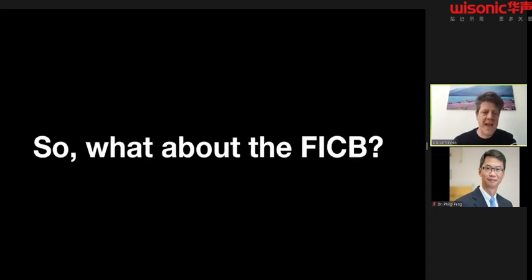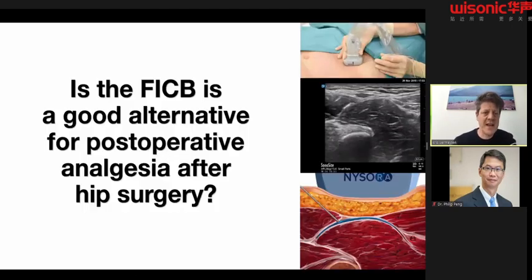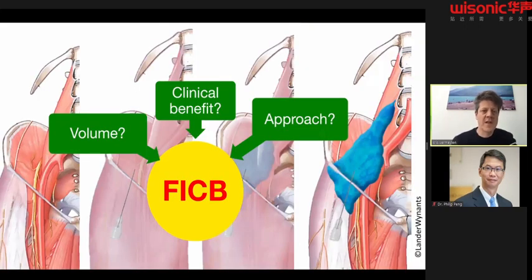Now I want to show you a little about the technique, of course. Is the fascial compartment a good alternative for postoperative analgesia after hip surgery? To know the clinical benefit, we have to know how to perform the block, so the approach and the volume are very important.